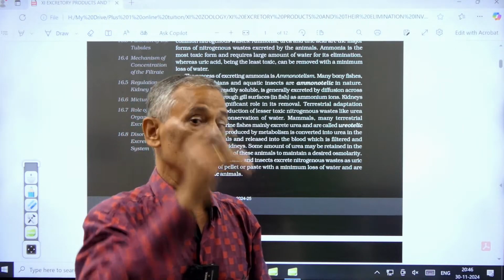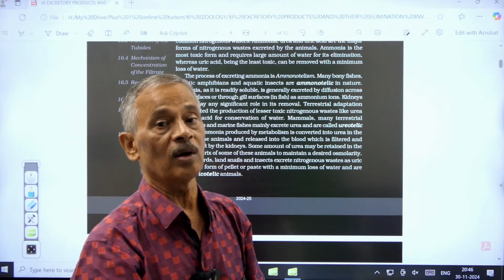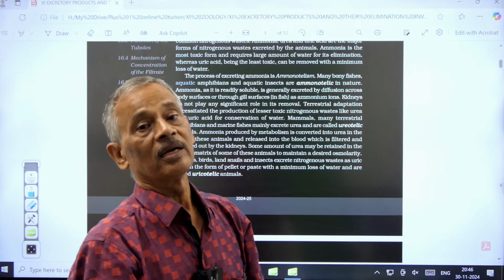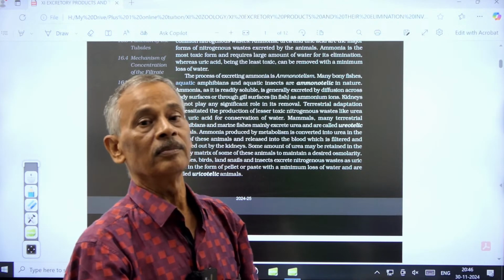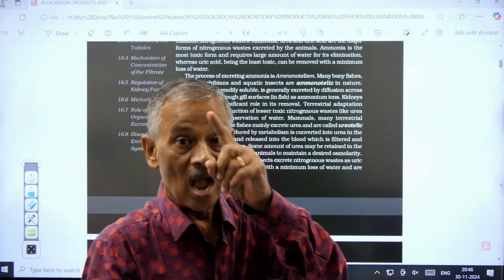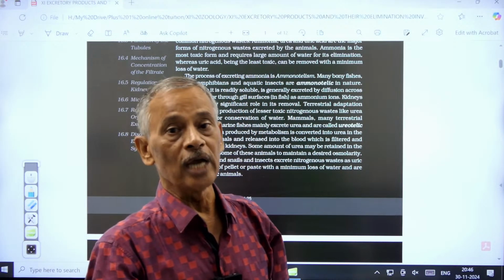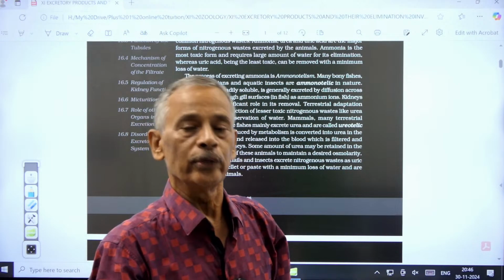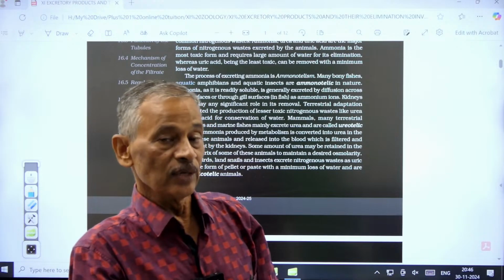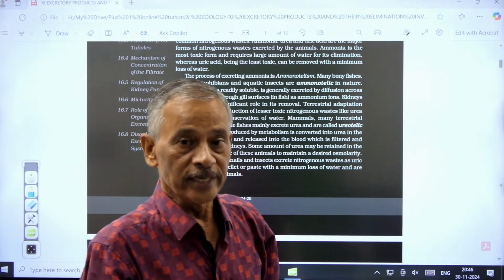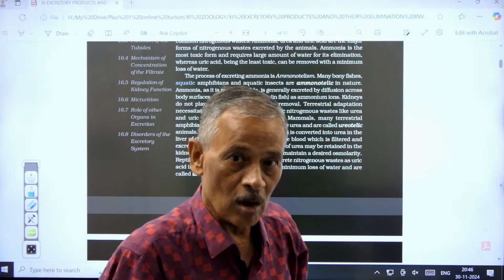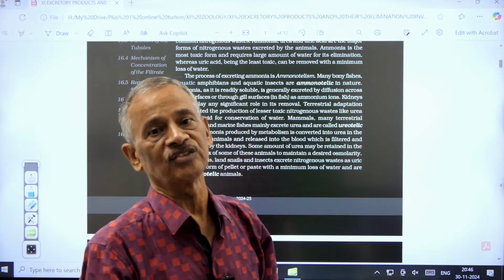So, they cannot send ammonia in the form of a highly dilute solution. So, in them, it is all converted either into urea or into uric acid. If nitrogen waste material is sent out in the form of urea, then that mechanism is called ureotelism.